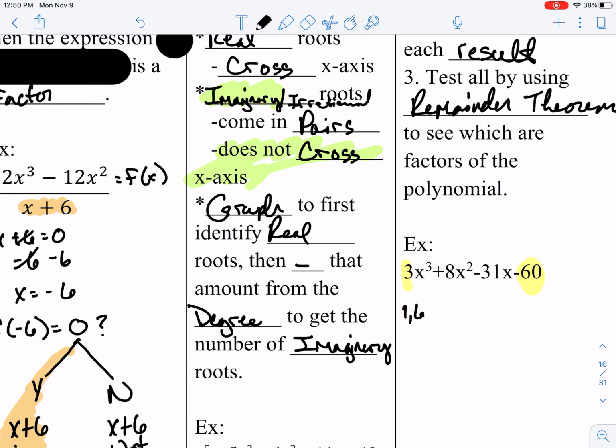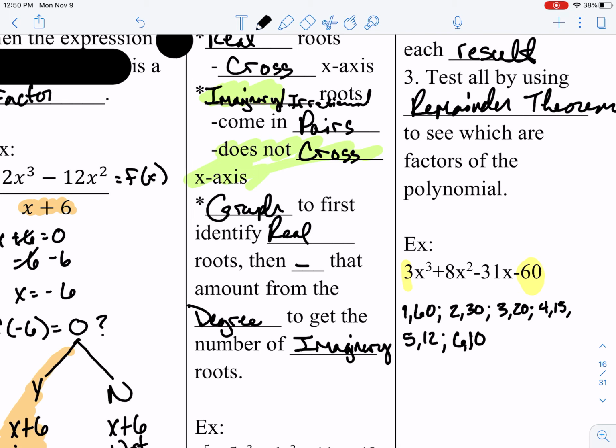So 1 and 60, 2 and 30, 3 and 20, 4 and 15, 5 and 12, 6 and 10, 7 no, 8 no, 9 no, 10 is 6. So that's done.